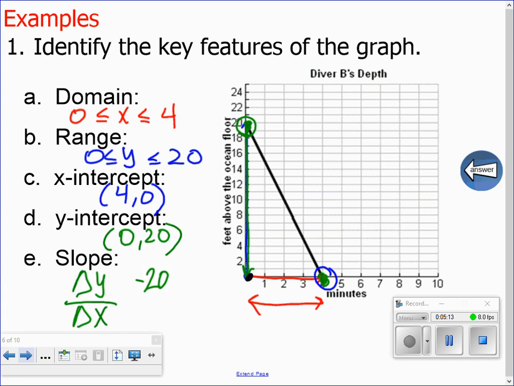And for my change in my x's, I'm at 0, and I go all the way to 4, so I have a change of positive 4. Negative 20 over positive 4 gives me negative 5. So remember that when we're finding slope, we're looking at our change in our y's, so our vertical change over our change in our x's, which is our horizontal change.